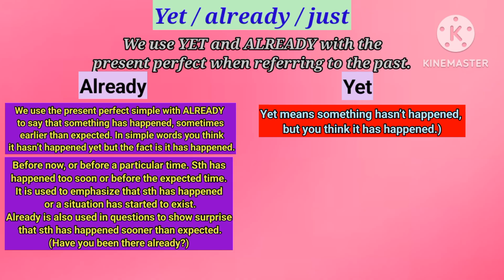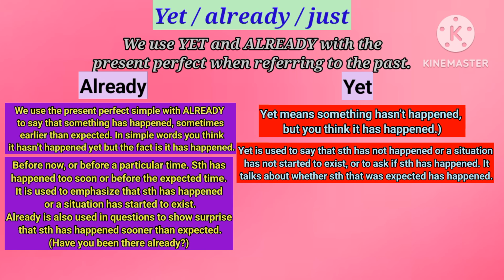Already is also used in questions to show surprise that something has happened sooner than expected. For example, have you been there already? Yet is used to say that something has not happened or a situation has not started to exist, or to ask if something has happened.